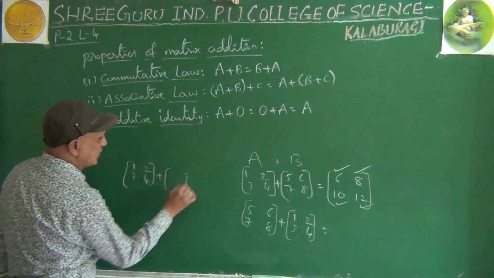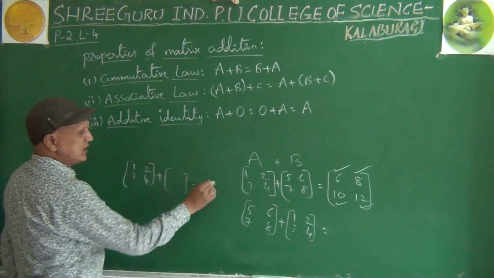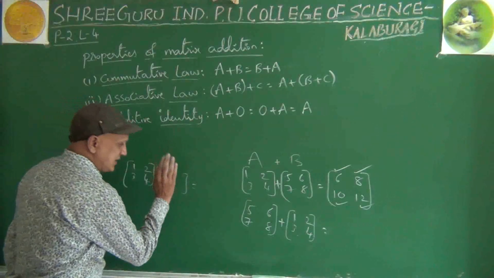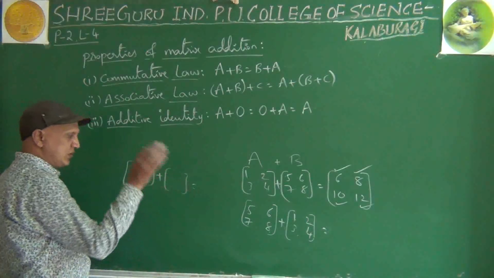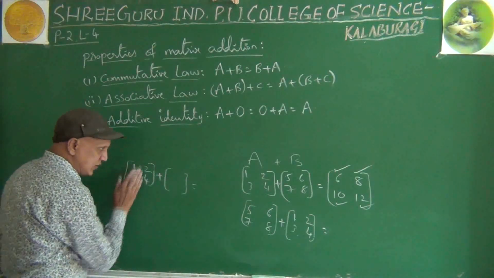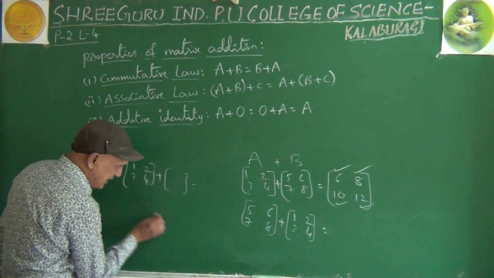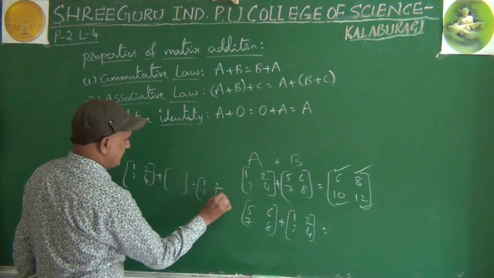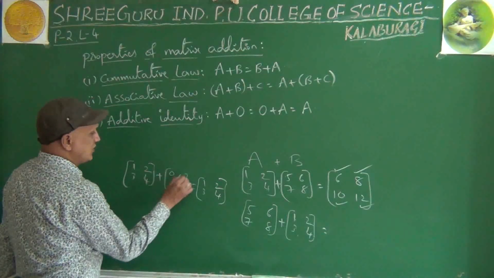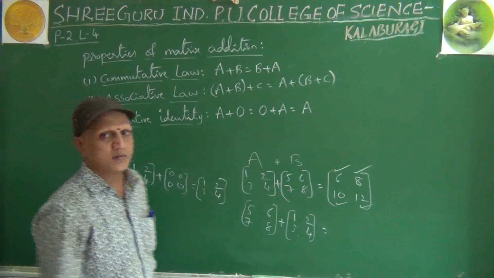Which matrix do we have to add to this to get the same matrix? The same matrix we should get. What do we have to add? 0, 0, 0, 0. Then only we get that.